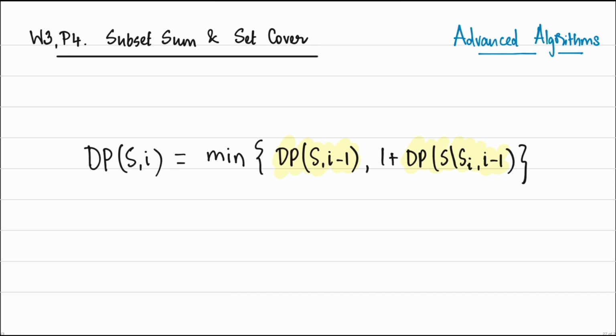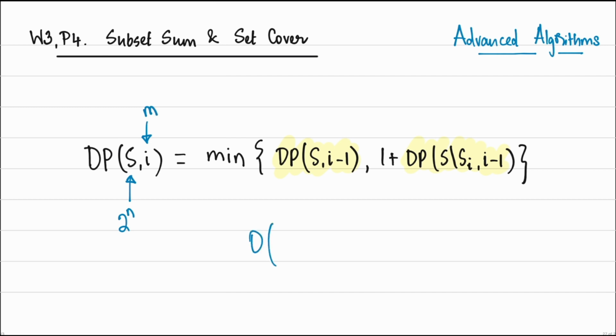And once again, I'll leave it to you to expand this recurrence to account for the base cases and make it complete. But in terms of running time, hopefully it's clear that this index here is going to contribute 2 to the n entries because you're looking at all possible subsets of the universe, and i of course runs from 1 through m.